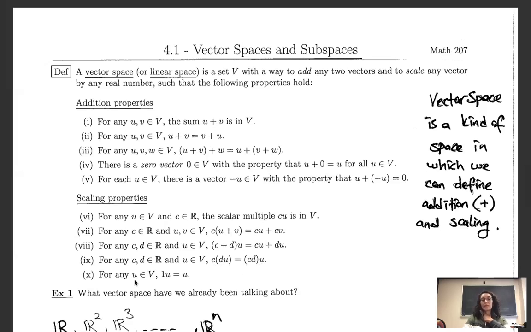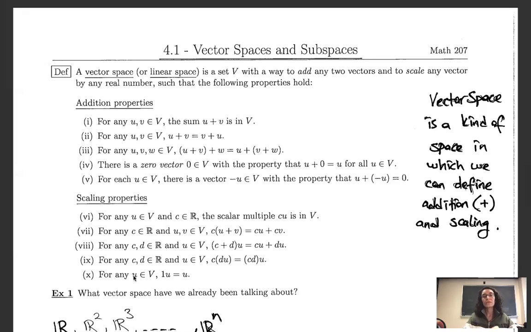And for any vector u, there should be a one term in your set, and if you multiply your vector u by 1, then you should get the same thing. I mean, in other words, probably I stated this a bit incorrectly.